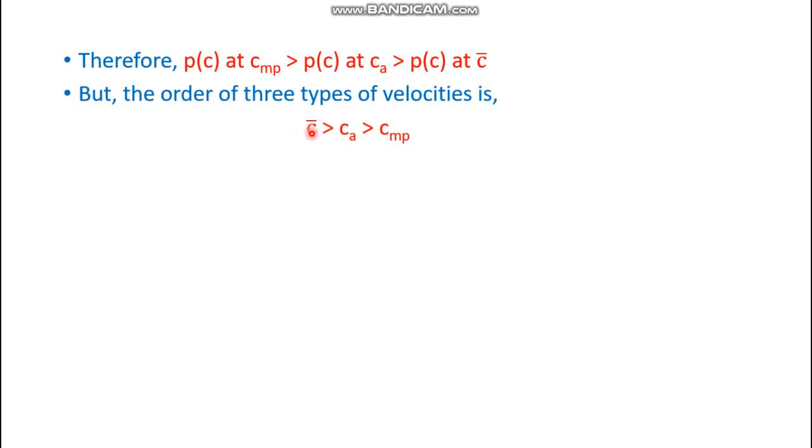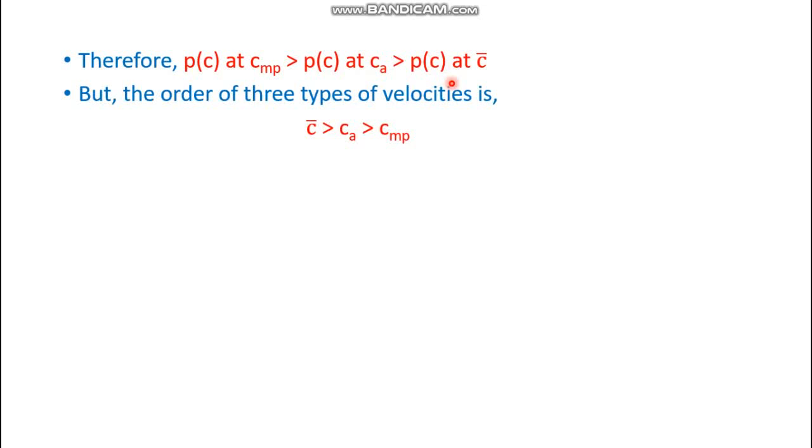That means this is the highest value, but this has the lowest probability, isn't it? That is, Pc at most probable is highest, where Pc at RMS is lowest, whereas the value of RMS velocity is highest while the value of Cmp is lowest. So Pc at Cmp is greater than Pc at c bar, which is greater than Pc at RMS.